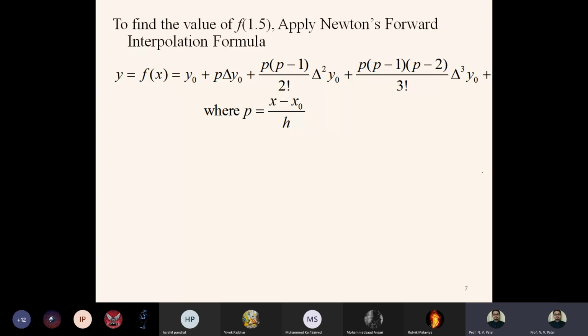So first calculate that value p and replace into your formula. x is unknown, so that is 1.5. x0, that is first value of table x. So first value of table x is 1. So 1.5 minus 1 upon h. H is also 1. So 1.5 minus 1 divided by 1, that is 0.5. So here we get value p as 0.5.